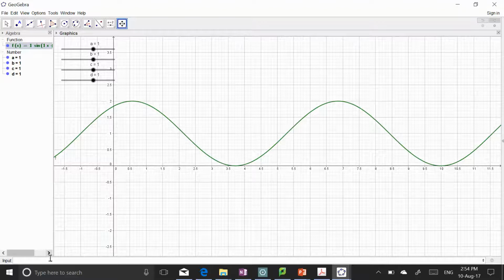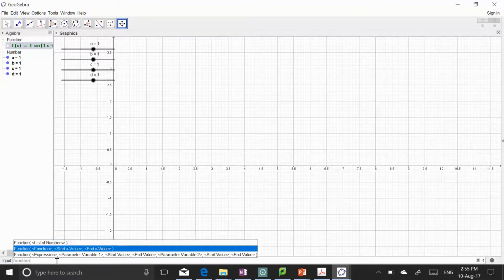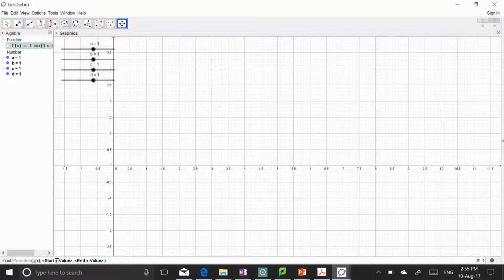Let's do g of x. This is how the cycle is solved.